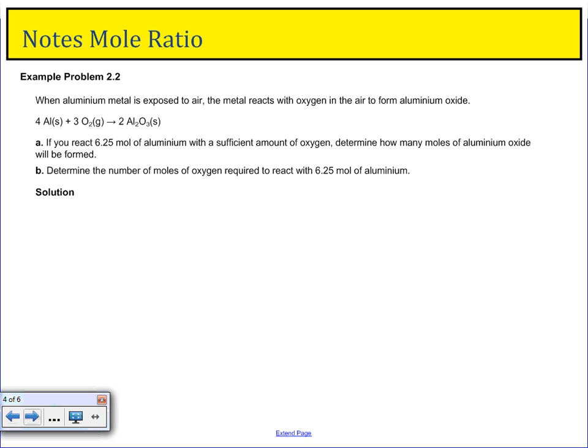B says to determine the number of moles of oxygen required to react with the 6.25 moles of aluminum. For A, we are given the number of moles of aluminum being 6.25 moles, and it's asking us for the number of moles of aluminum oxide.